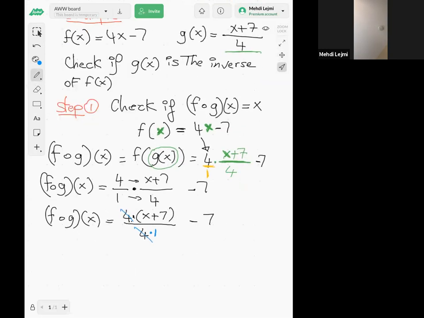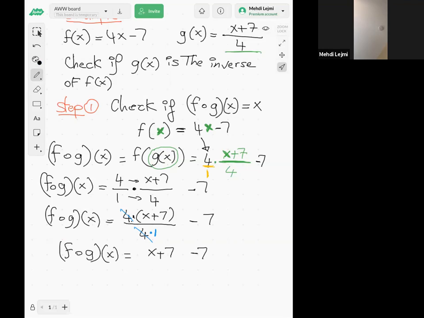So then f composed with g of x is going to be x plus 7 over 1, so x plus 7, and then there's this minus 7, right?